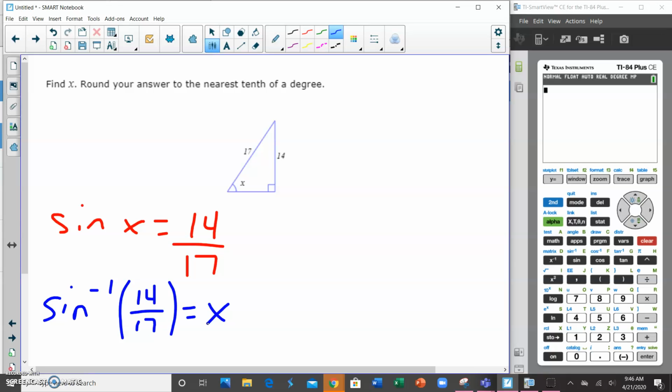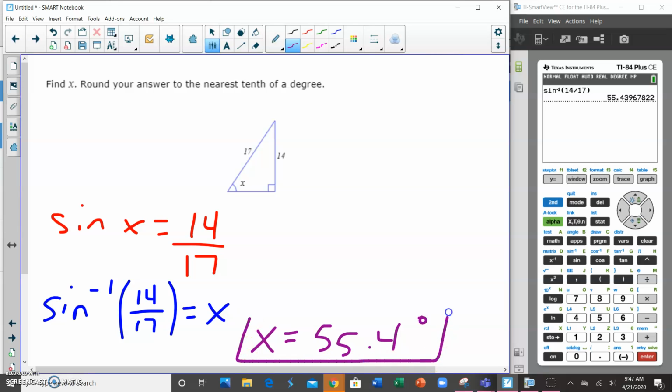I'm going to go to second, inverse sine, and I'm going to put in 14 divided by 17, and hit enter, and I get 55.43 degrees. So my answer is going to be x is equal to 55.4 degrees. And that is my answer.